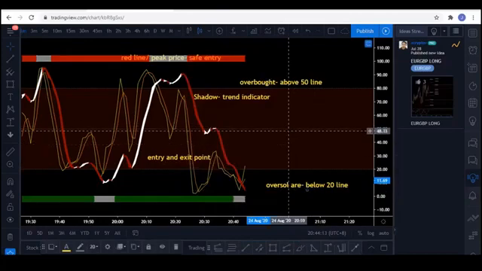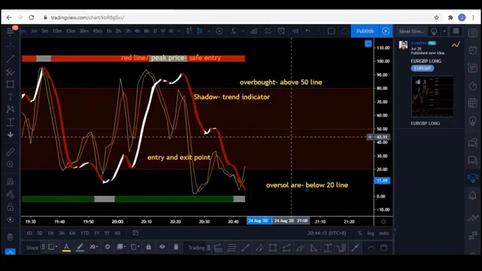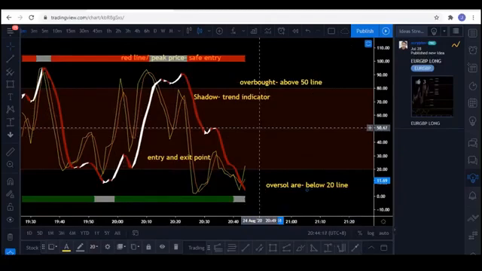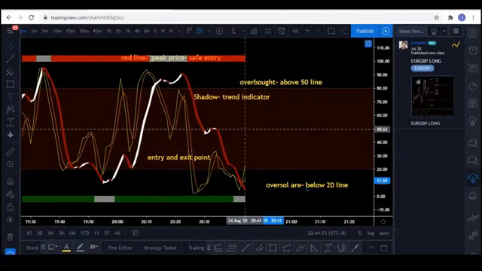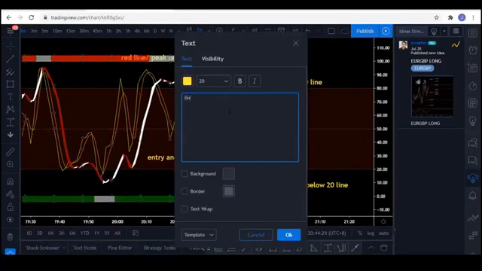And this is our 50 line, our neutral line. Line 50, this is our neutral line, just like our pivot.